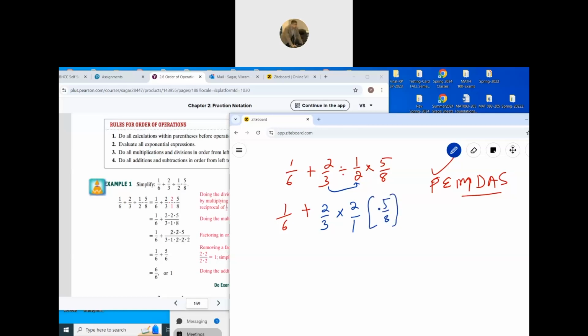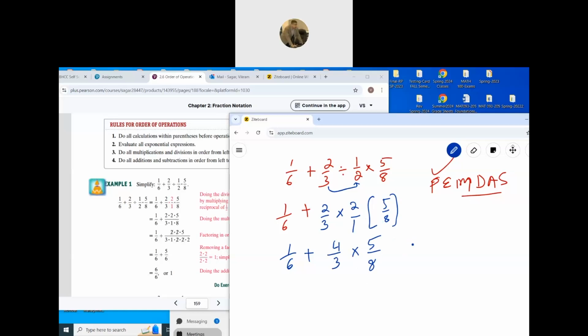You don't have to, but I'm just keeping this separate, right? So 1/6 plus, what's this going to be now? 4 over 3, 4/3, right? Okay. Now what? 5/8. Last part, right? This part is done.